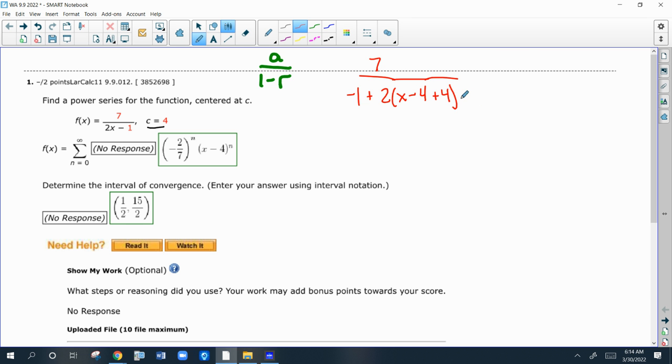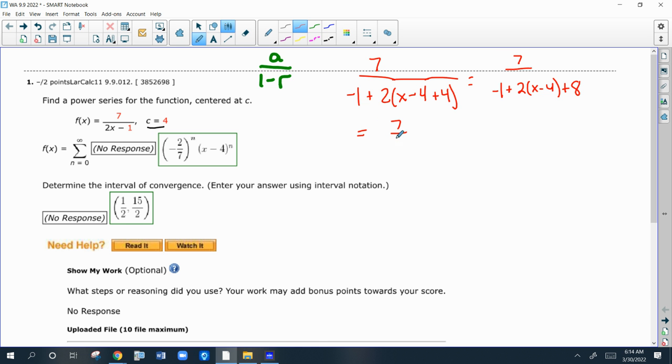So knowing that I want this to be 2 times the quantity x minus 4, I'm going to distribute that 2 back in, but do it so I'm distributing it to the first 2 terms and then to the last term. So the whole idea is I'm just rewriting this. I'm not changing it at all.